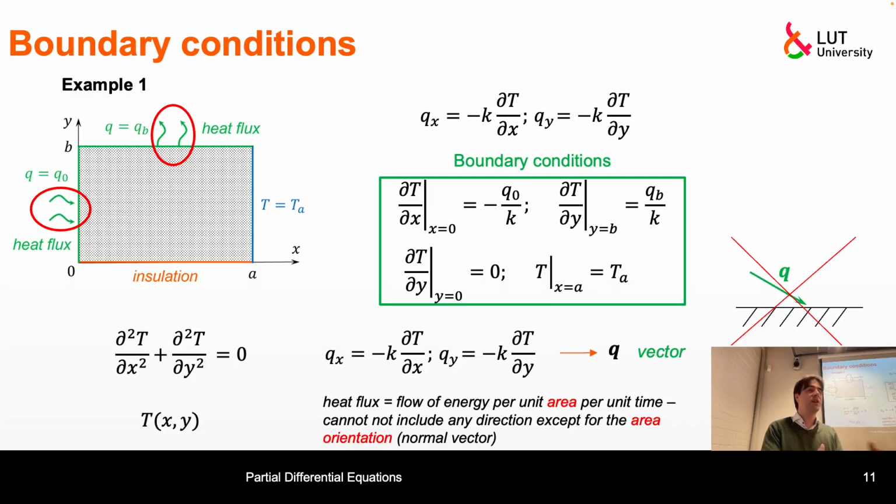So how much energy comes through a certain surface? If I already have a surface defined, some face, like this one, or this one, then the heat flux would mean how much energy comes through this surface in time. There is no room for any other direction. The only direction that this Q, this heat flux vector, contains is the direction of this area.